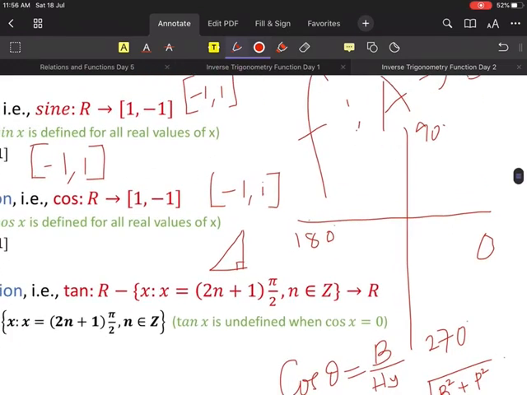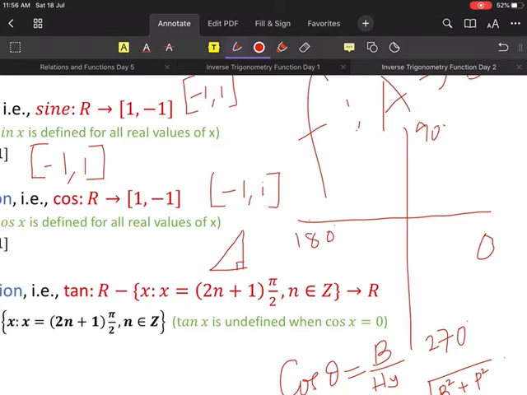Now tell me, cos 90 is how much? 0. How is it 0? Look at here. In cos 90, you see a straight line. This straight line signifies a perpendicular, right? And I see there is no base in this perpendicular line.